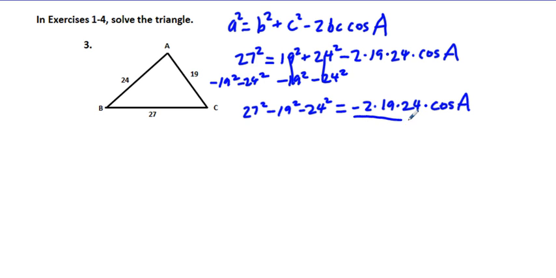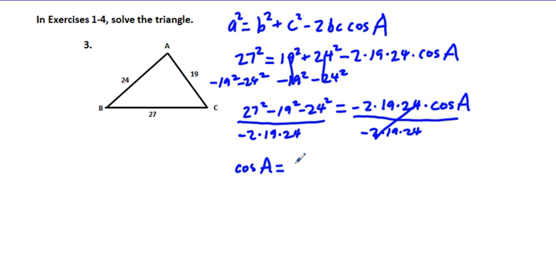Next, we're going to divide everything by negative 2 times 19 times 24. And we have cancellation here. So we have cosine A is equal to 27 squared minus 19 squared minus 24 squared all over negative 2 times 19 times 24.